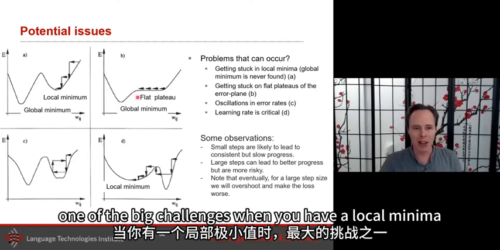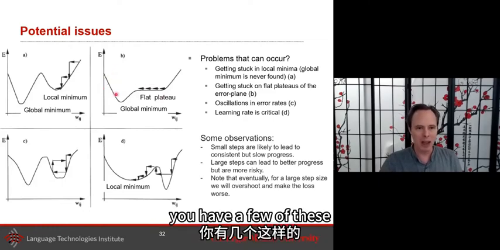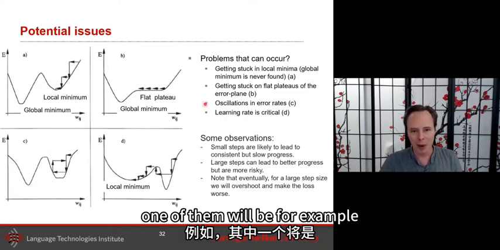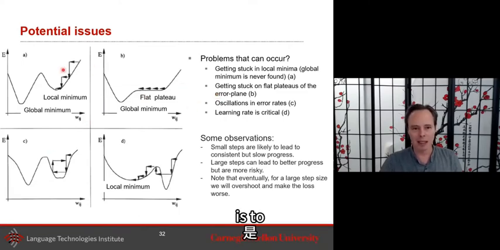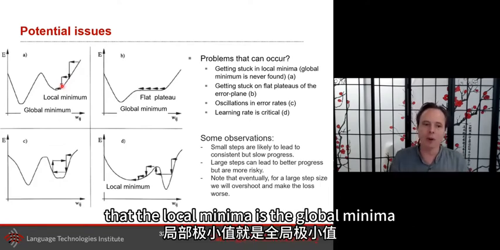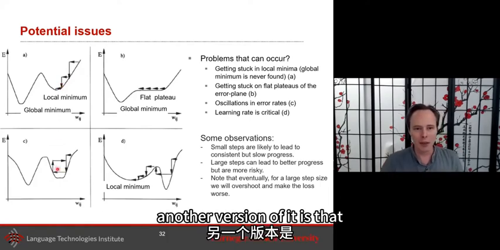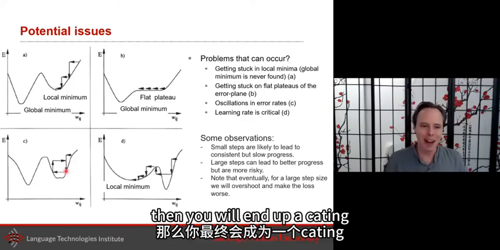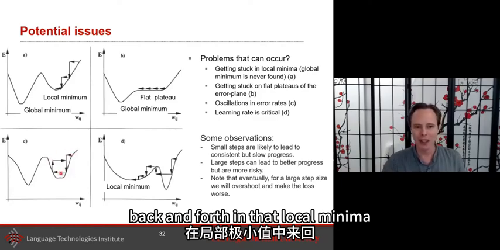One of the big challenges is clearly just getting stuck there, thinking that the local minima is the global minima. Another version is that if your step is too large, if you took too big of a step, then you will end up oscillating back and forth in that local minima.